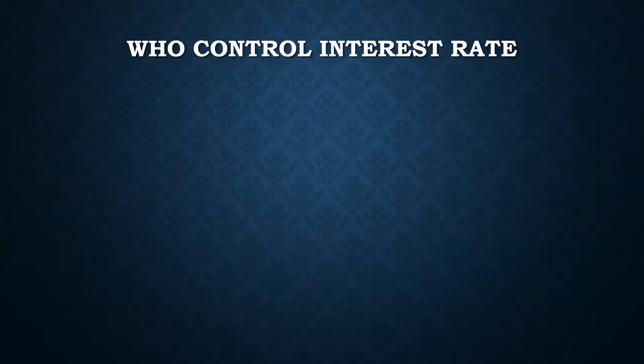You might have an open book exam, but if you do not have conceptual clarity, then it's a problematic thing. This is the exact question I asked: who controls interest rate? And he was unable to answer, and he has very good marks, right?